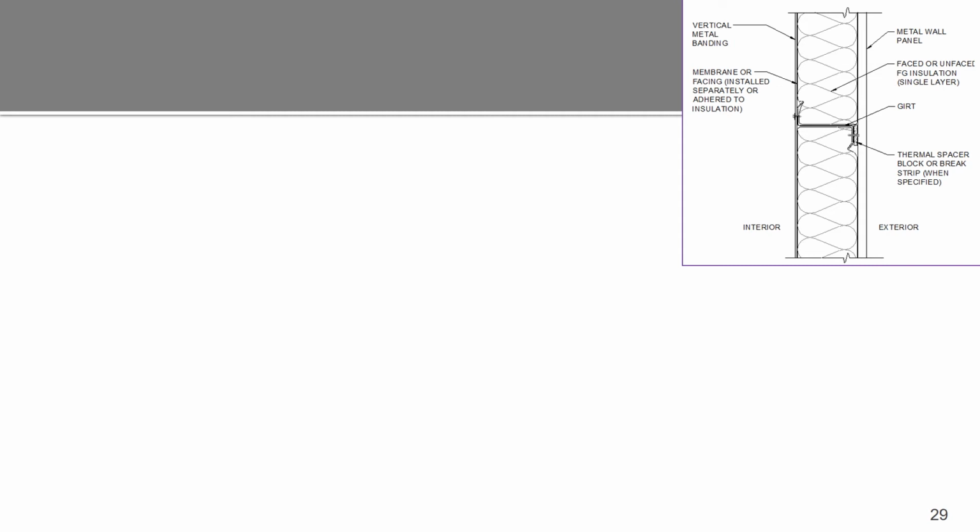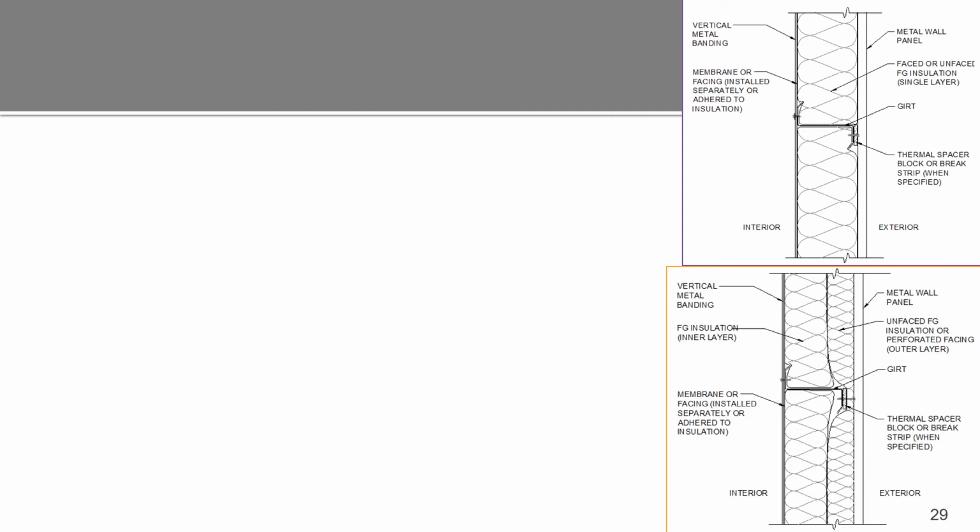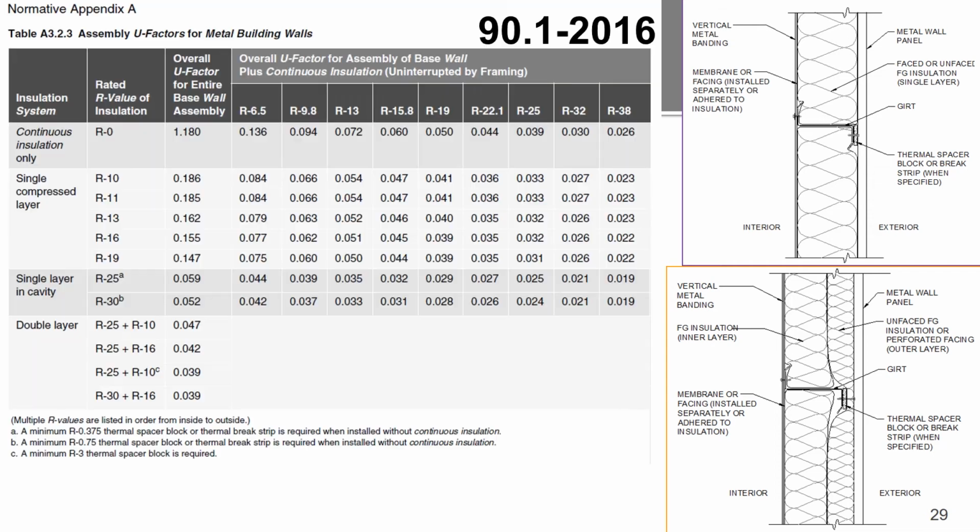And the fiberglass could be faced or unfaced, and the membrane or facing would be installed on the interior. This is the double layer system we talked about in one of the earlier pre-recorded webinars. So one part is fiberglass compressed over the girt, exterior of the girt, and the fiberglass second layer on the inside.